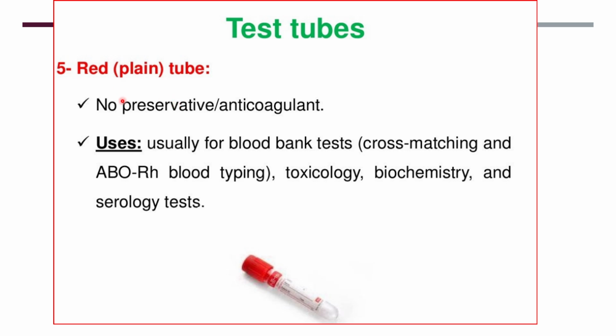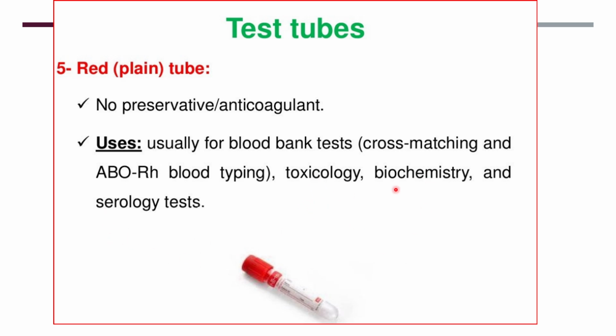The red color tube, or we can say a plain tube having no preservatives or anticoagulants, comes in red. This is usually required for blood bank tests, or we can say cross matching and ABO blood grouping tests, toxicology tests, biochemistry tests, and serological tests.